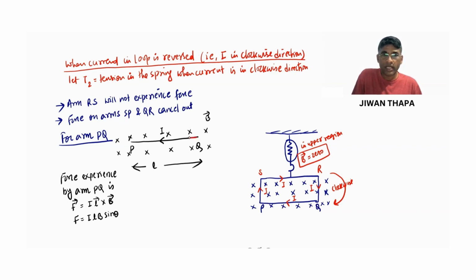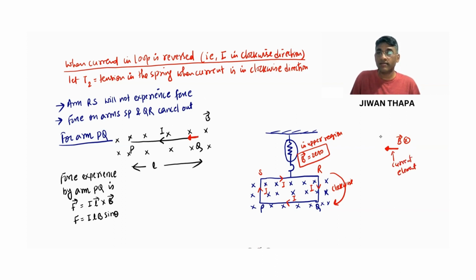It is horizontal, and the current element is acting along this direction, and the magnetic field is directed inward, perpendicular to the plane of the board.